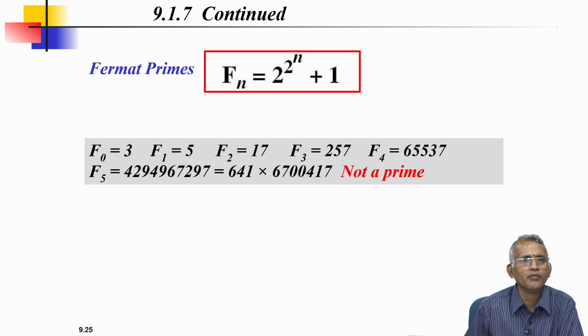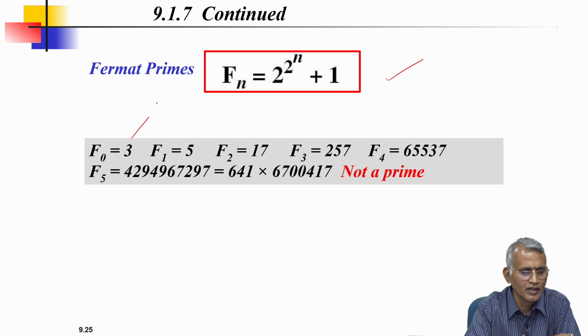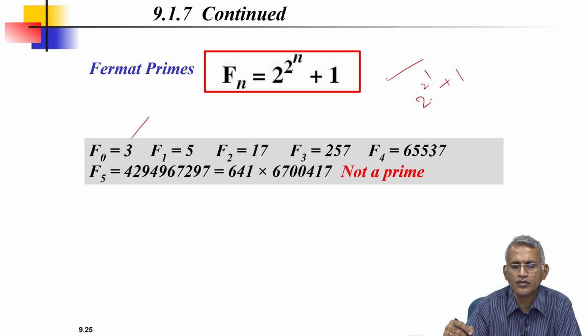And Fermat numbers, Fermat primes, is F suffix n equal to 2 power n plus 1. Let us start with n equal to 0. Anything power 0 is 1, therefore, 2 power 1 is 2, 2 plus 1 is 3. So, F naught is 3. When n equal to 1, then 2 power 2 is 4, plus 1, which is equal to 5.